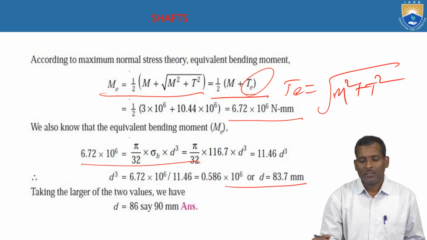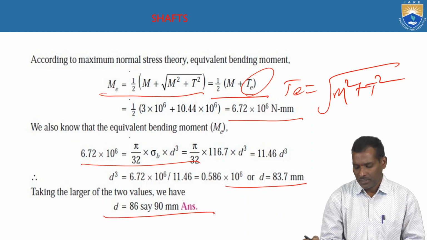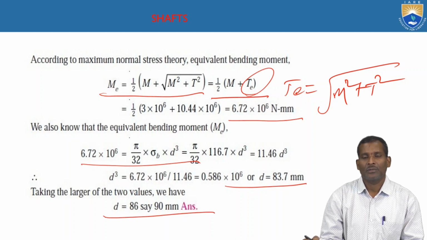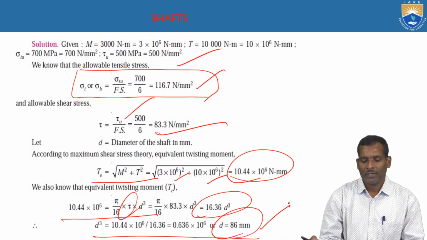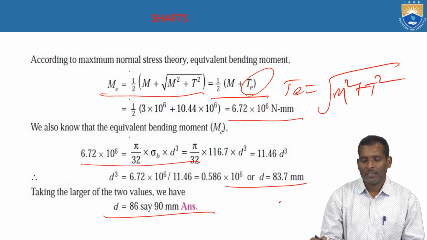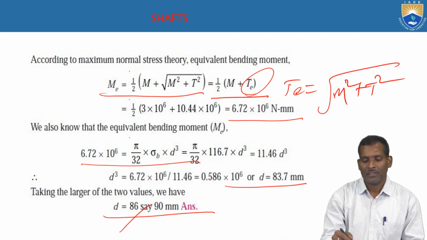Taking the larger of the above two calculated values, the final diameter of the shaft is 86. You can say 90 according to the standard diameters of the shaft. In the first case, the diameter of the shaft is 86 and in the second case the diameter is 83.6. The larger value is 86.